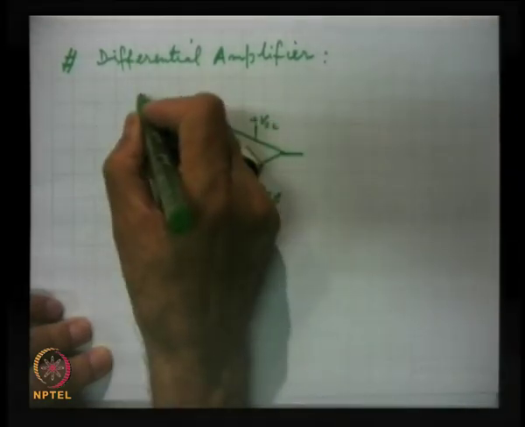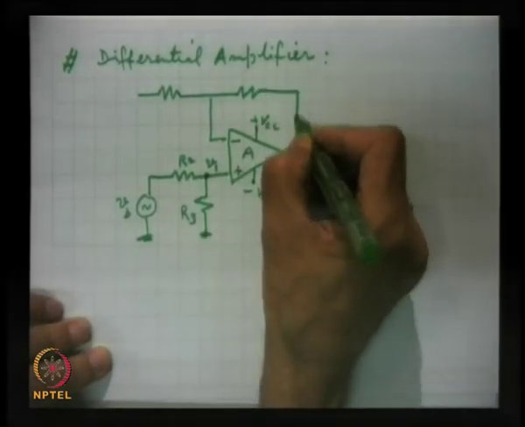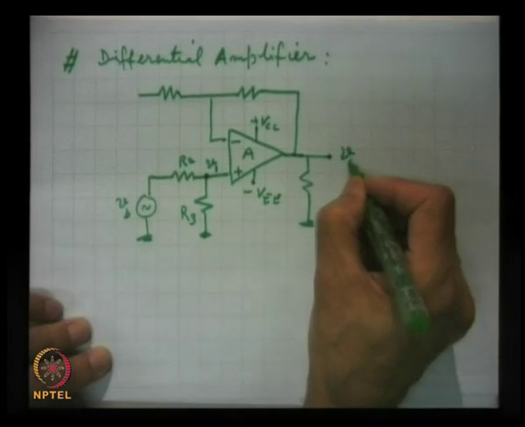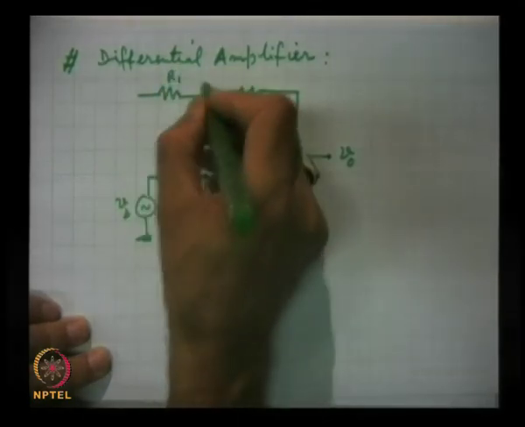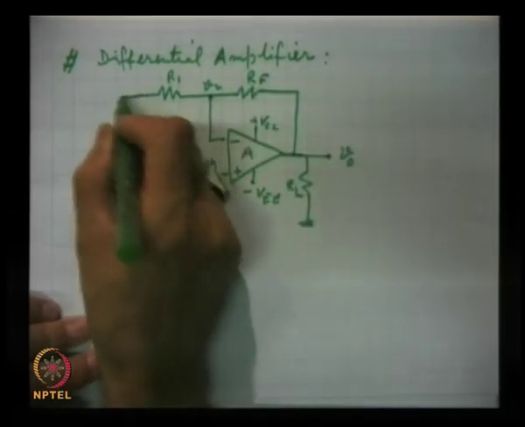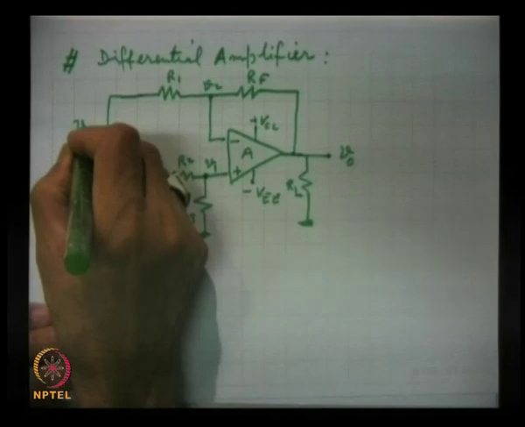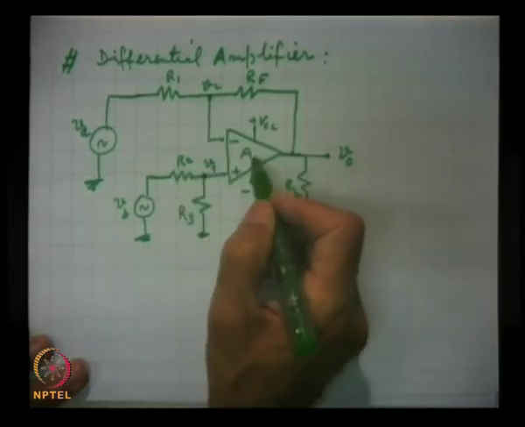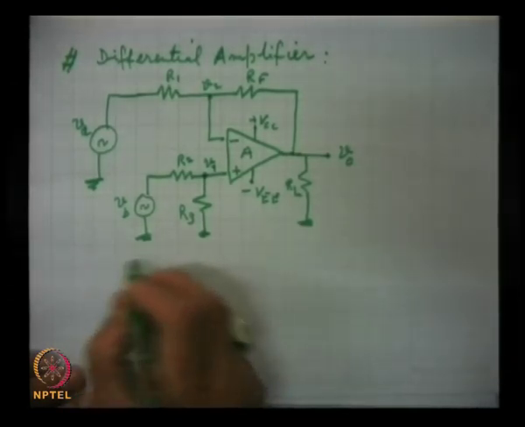Similarly, here R1, this is V2, and this is RF, and here is the other input signal VA, VB, and this is 1 and 2. So, this is the differential amplifier.